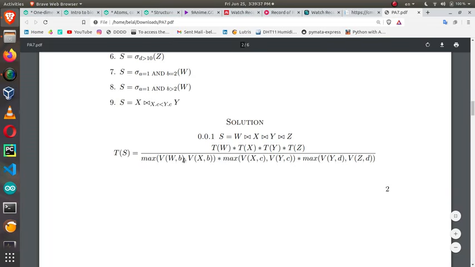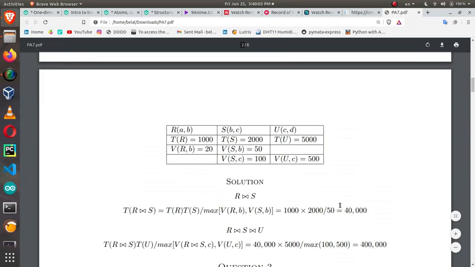So the maximum for attribute B in both W and X, times the maximum for attribute C in both X and Y, times the maximum number of distinct values for attribute D in both relations Y and Z. You can prove this shorthand formula easily from question number 2.